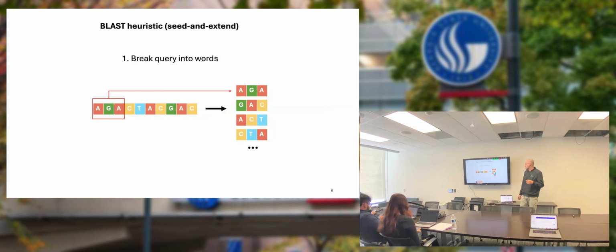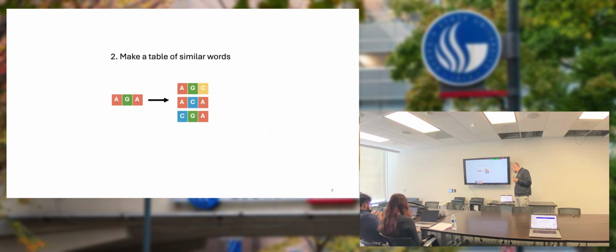So the heuristic is very simple. You take the query, you break it into words. So you take first 3 characters, then second 3 characters, and so on. And then you make a table of similar words like this. These are different by 1 character. This is also different by 1 character, but it's in the middle.